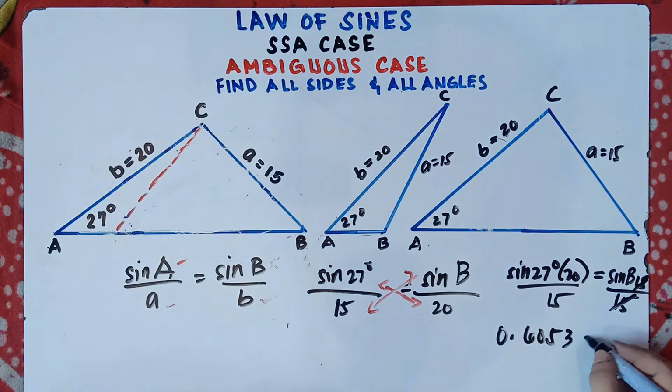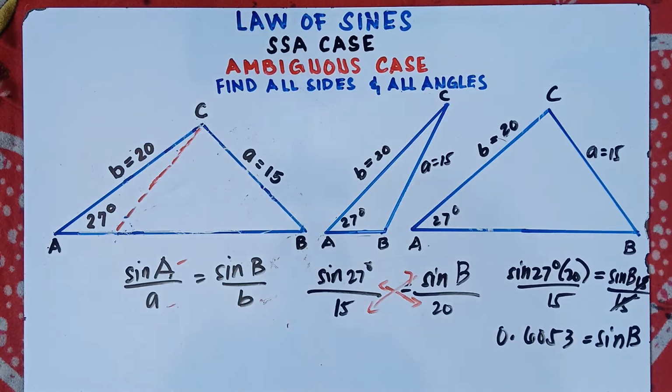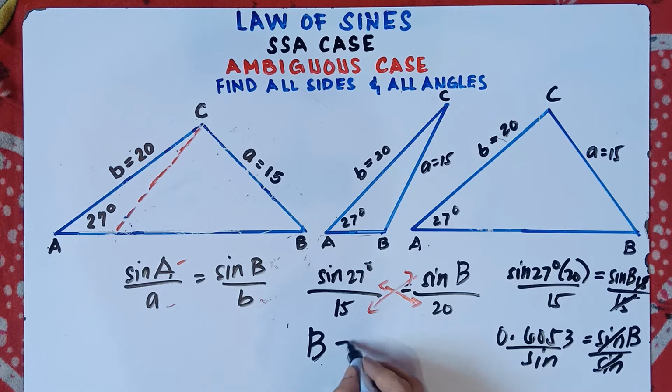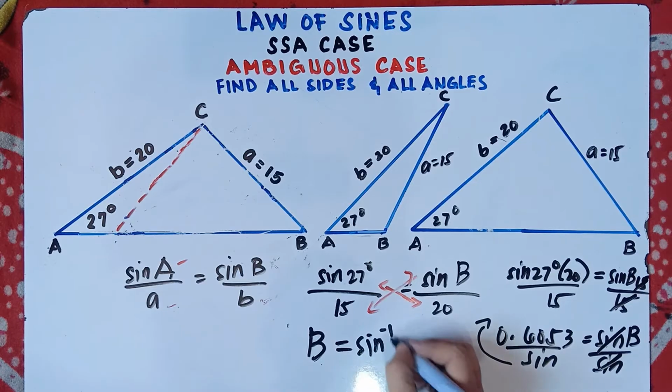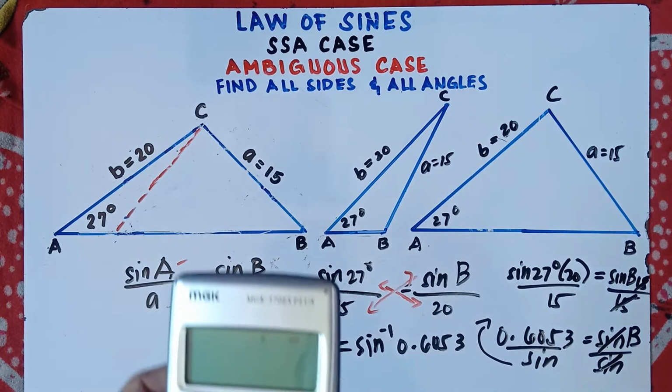0.6053 equals sine B. To get the value of B, you can divide both sides by sine, or simply get the inverse sine. So B equals inverse sine of 0.6053.